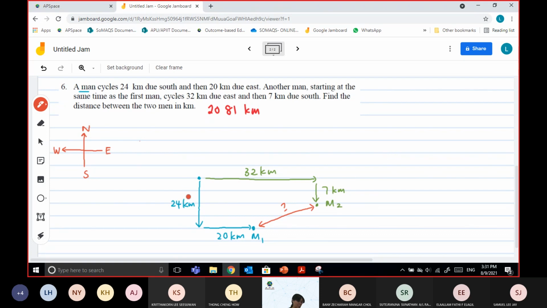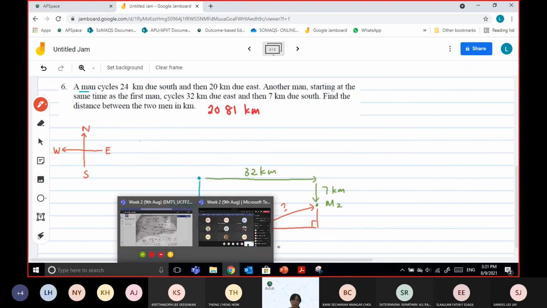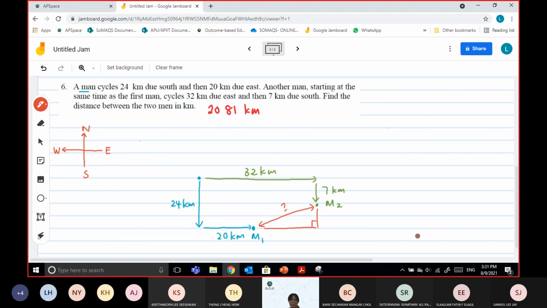Now from here I can try to draw a triangle, a right angle triangle, right? What information can we put about the triangle? Can you see here is 24 km, but here is 7. So what is the length here, students? 17. 17, correct.